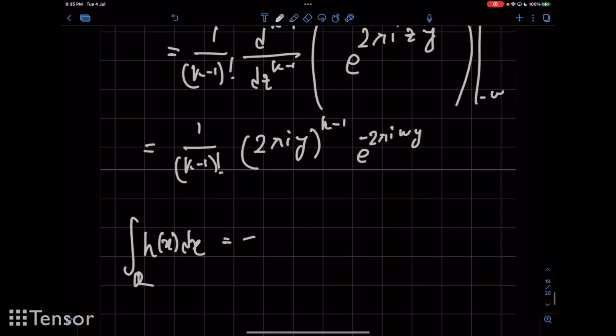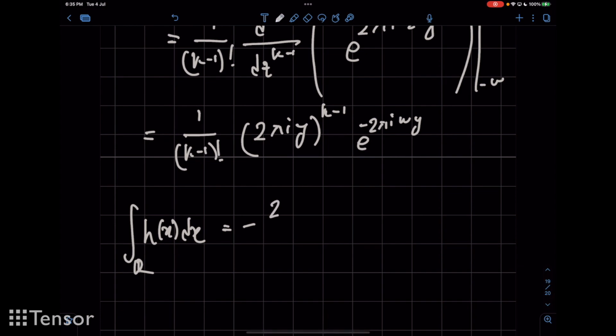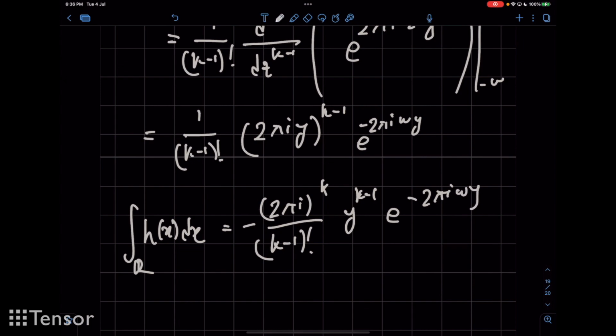So negative, I have (2 pi i) to the k minus 1 and 2 pi i right here. So (2 pi i) to the k divided by (k minus 1) factorial, and then y to the k minus 1, e to the negative 2 pi i w y. And this is of course if y is negative.